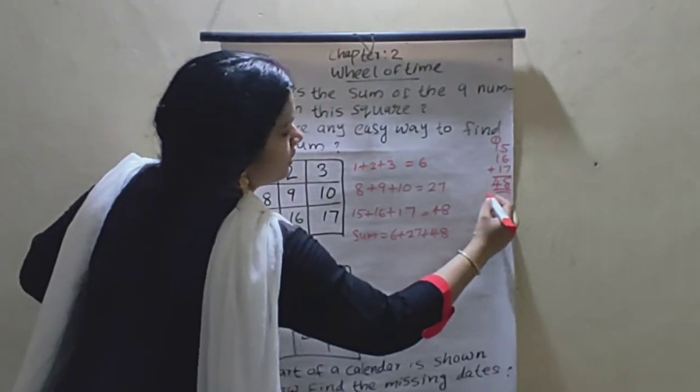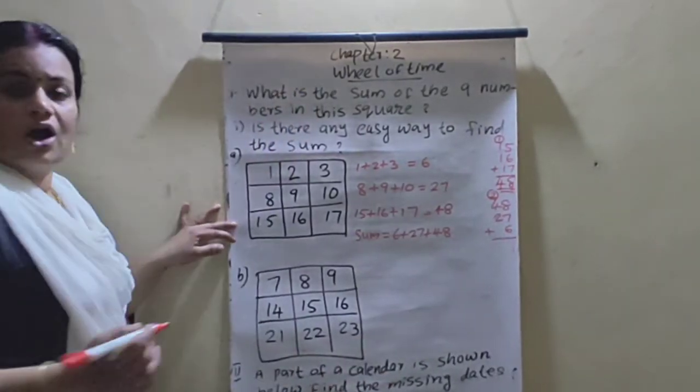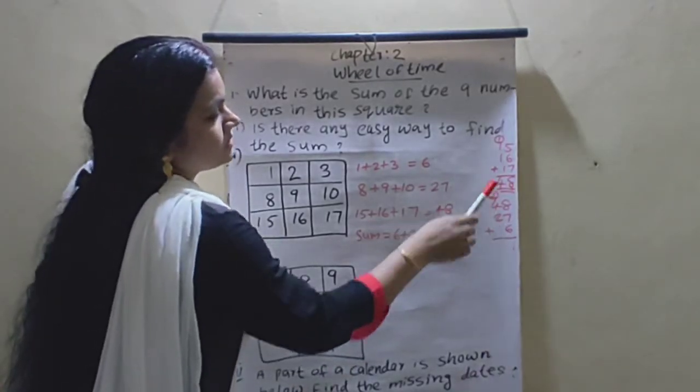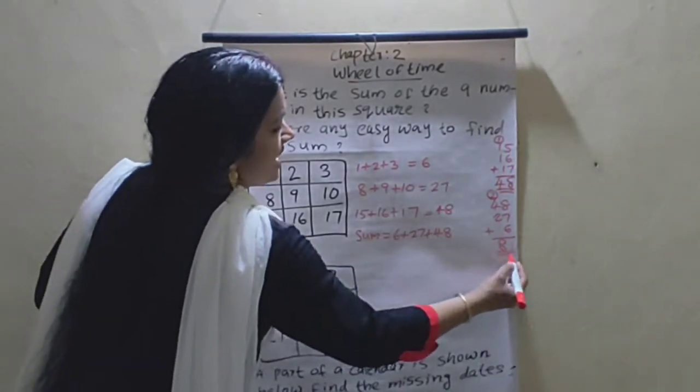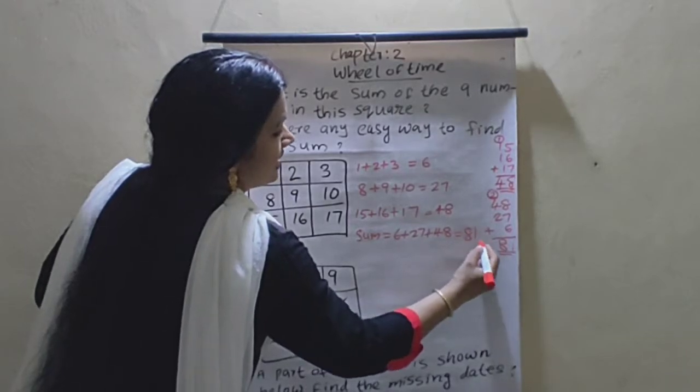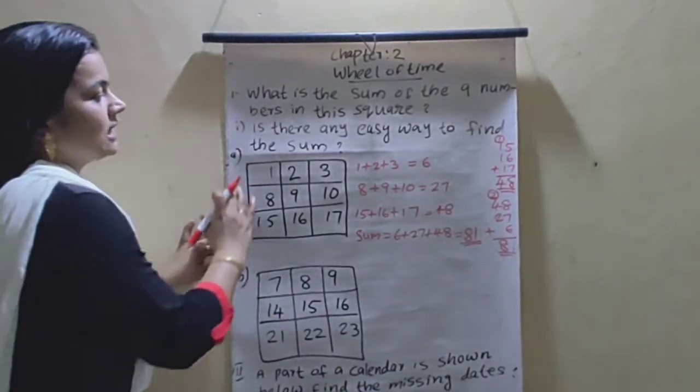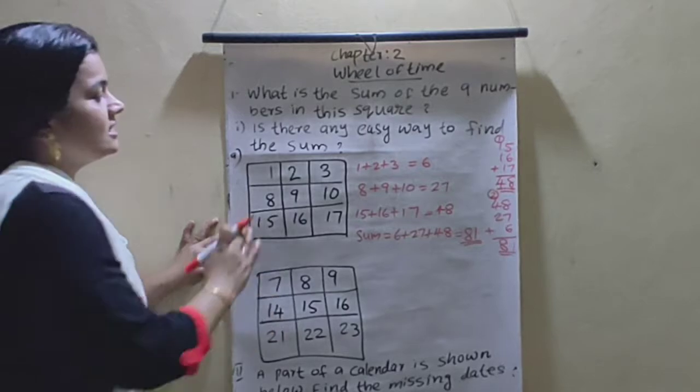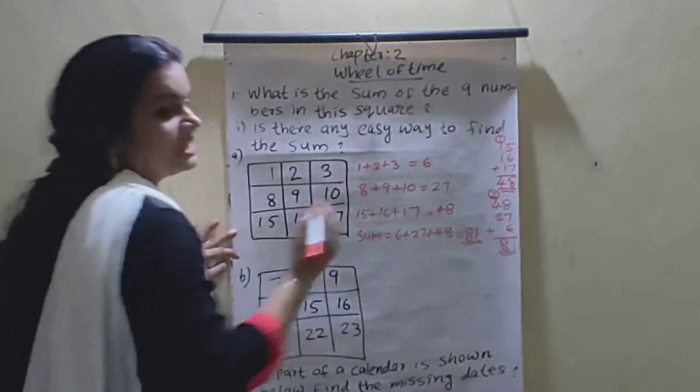Then 1, 2 is right here. 2 plus 4 is 6, 6 plus 1 is 8. Then the answer is 81. The sum of these 9 numbers is 81.